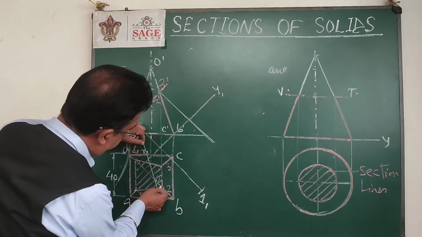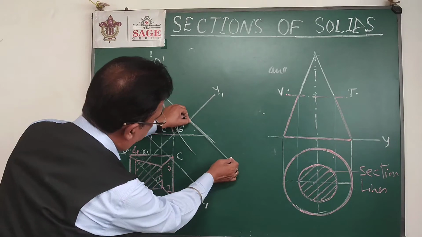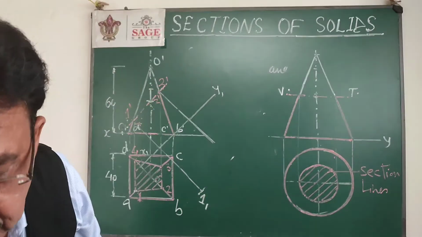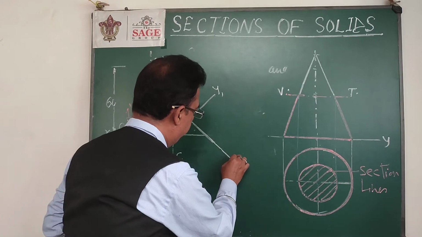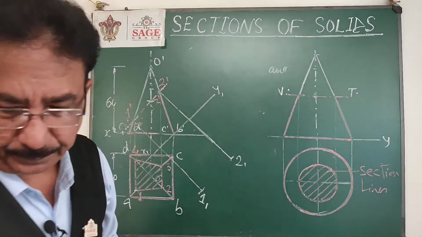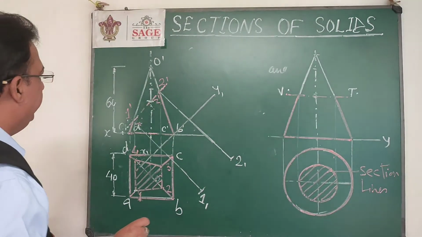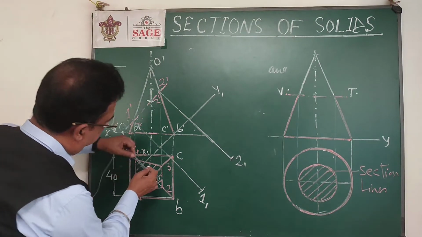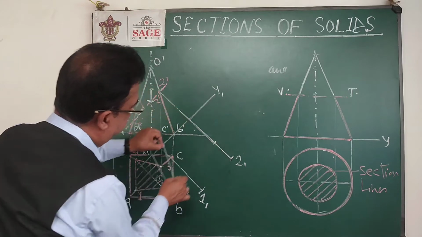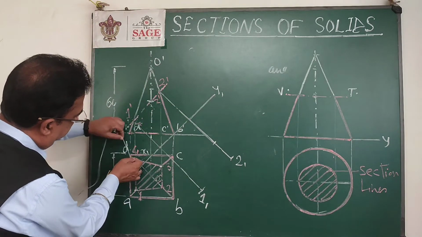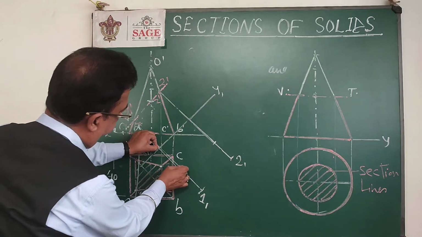Same way, if this will be the distance of 2, then I can also mark the distance of 2 on this line, so that point will be 2, 1. Same way for 3, this is the distance of 3, so I can mark this like this. Then finally the distance of the point 4.